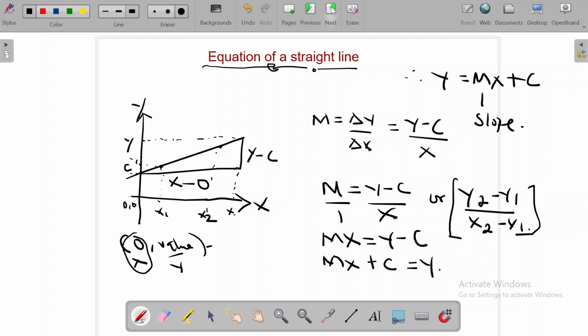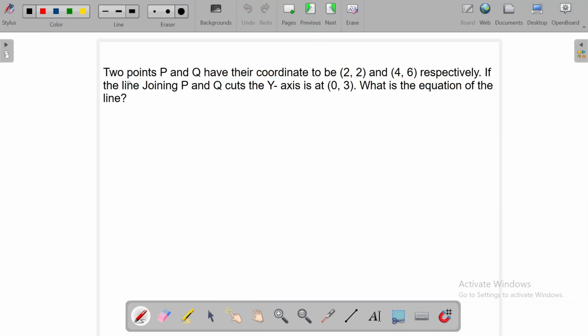If I move to the next question, it says 2 points P and Q have their coordinates to be 2, 2 and 4, 6 respectively. If the line joining P and Q cuts the y-axis at 0, 3, what is the equation of the line? So from what we've known, the equation of a line can be given as y is equal to mx plus c.